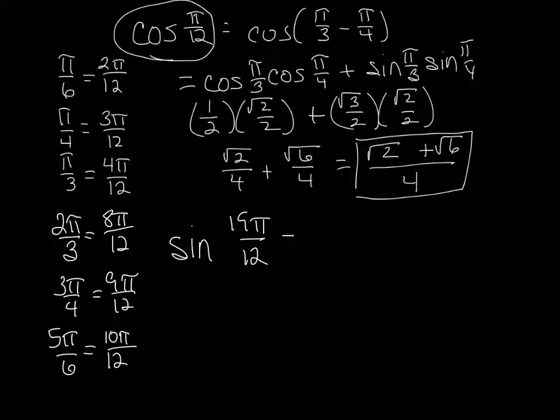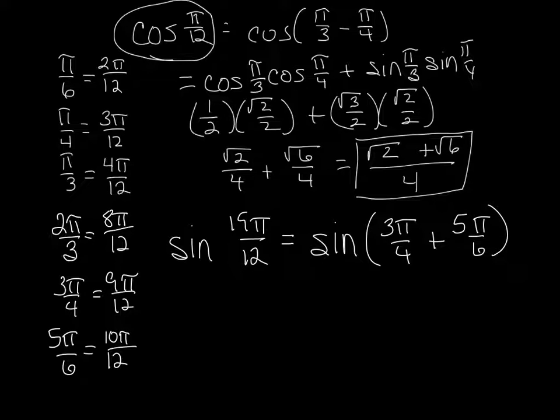So we could rewrite the sine of 19 pi over 12 as the sine of 3 pi over 4 plus 5 pi over 6. Now addition is commutative, so it doesn't matter about the order that we put it in. Now again, I would use the formula as you write it out.